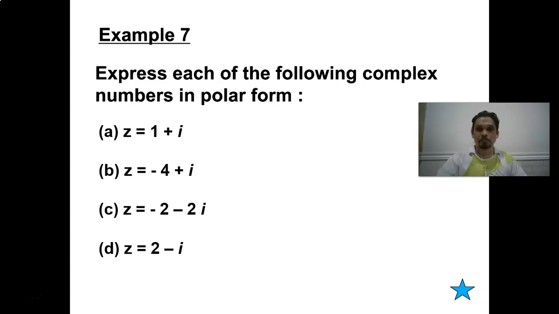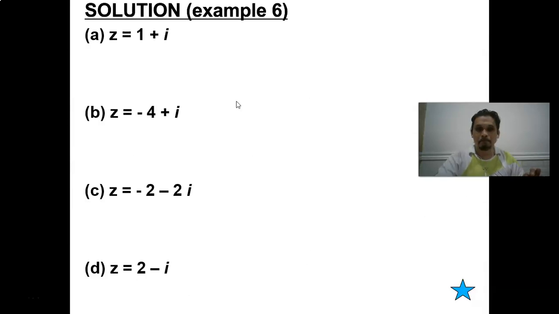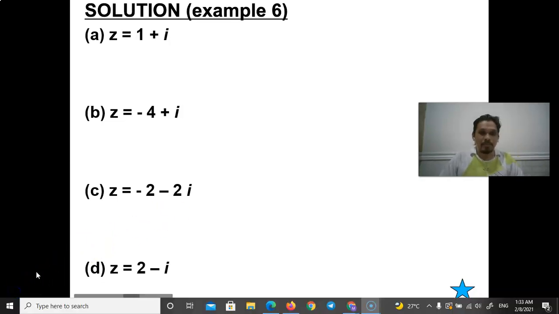It's all the same question that we discussed just now, A, B, C, and D. So we're just going to recall the answers that we got just now, the modulus of z and the value of theta, and we can write them down in the polar form.